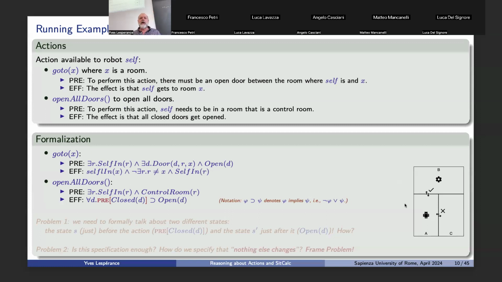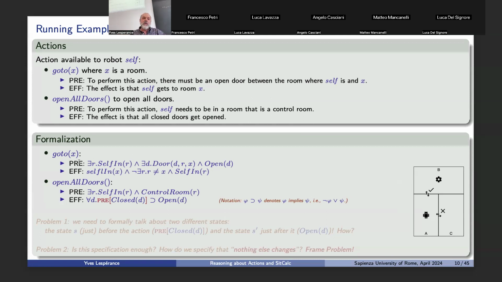Okay, so how do we formally specify this domain? We have this robot that can move from room to room and so on. Here I'm trying to write down the preconditions and the effects of these two actions using first order logic.